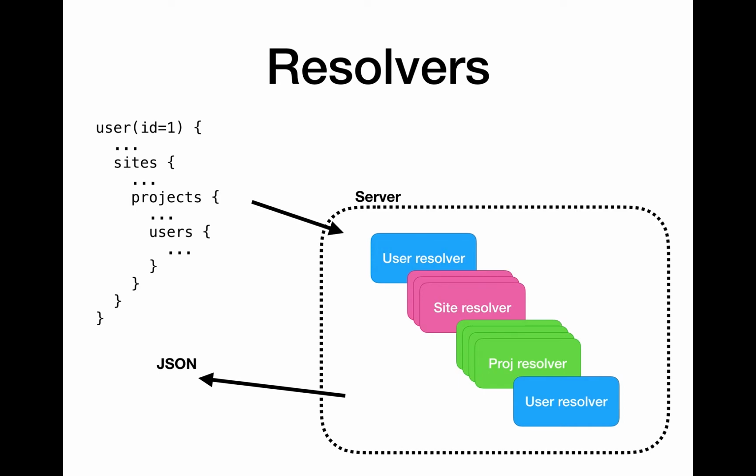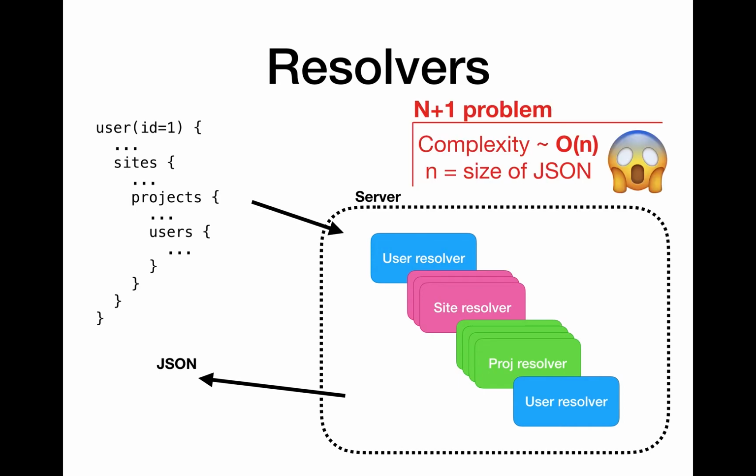And when you see this, you may think, oh my God, I have the N+1 problem. That is, I'm calling these functions way too often, like a bad ORM, right? You end up hitting the database. If each one of those resolvers needs to hit the database, I'm going to hit the database every time for every entity in my model, and so this is going to be too inefficient.